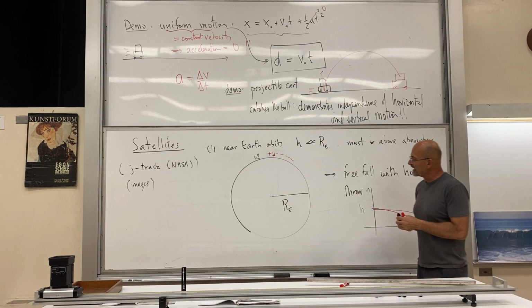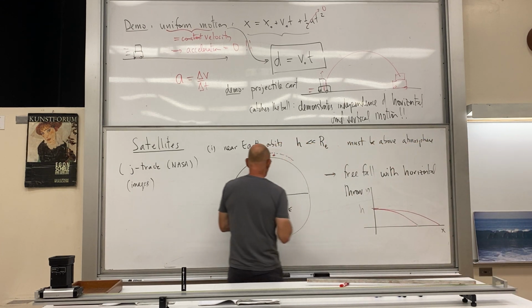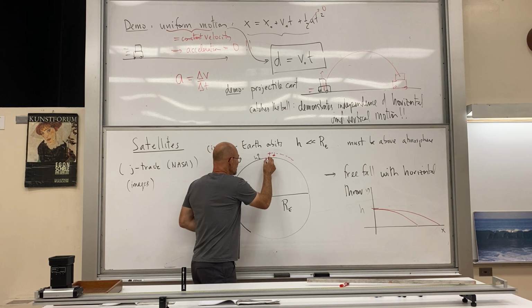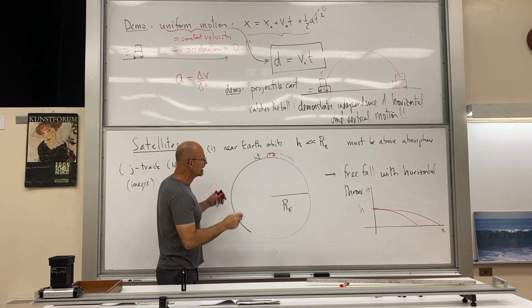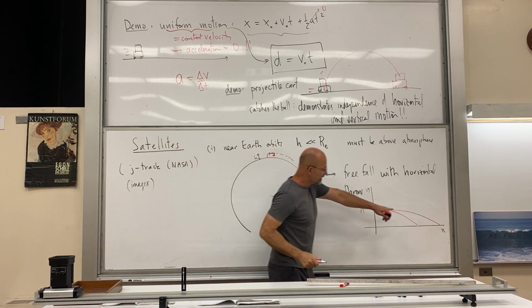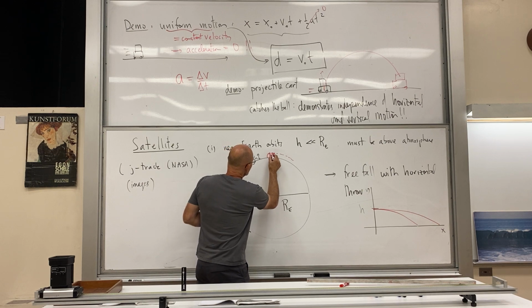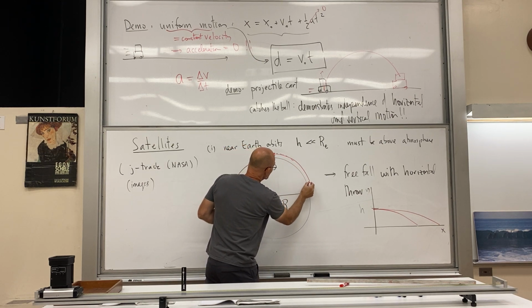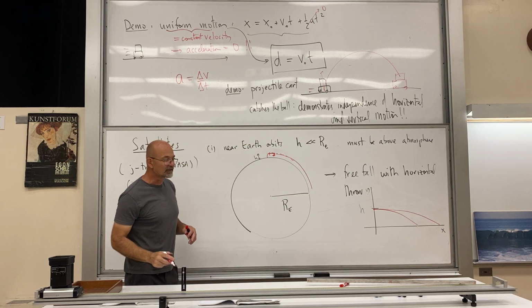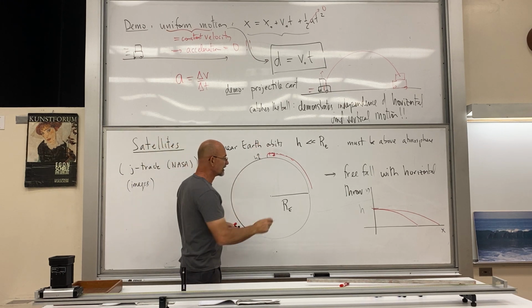So the satellite is essentially something that's been launched and then given a horizontal velocity such that this arc I'm drawing for the baseball just matches the curvature of Earth itself. And because of that, and because there's no friction up there, it never stops.